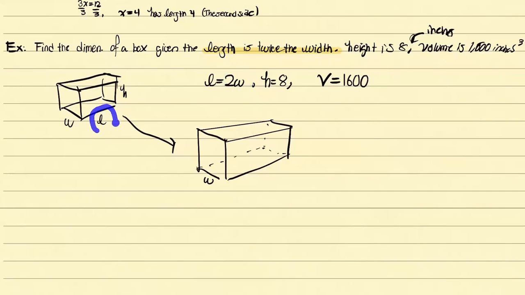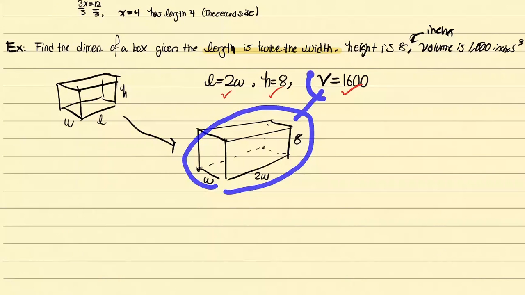So I can get rid of length and say whatever width is, the length is just 2 times the width. I also know the height must be 8. So that's me incorporating this part and this part. The only remaining portion is to incorporate this part. But how can I relate this box that I've drawn with this volume that must be true? Any suggestions?